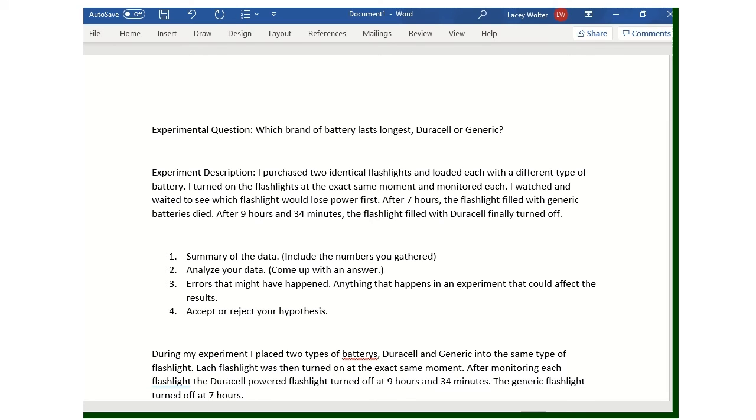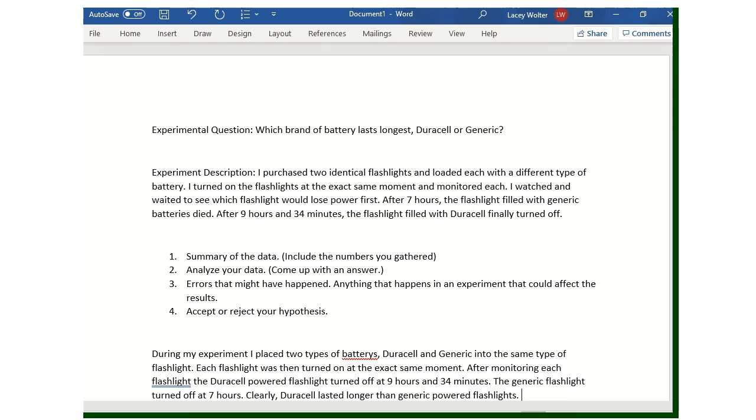Step number 2, analyze the data, actually come up with an answer to my question. Clearly, Duracell lasted longer than generic powered flashlights. Step number 3, and actually, in the flow of things in my brain, it makes sense to maybe do step number 4 first, since I kind of got out of order anyway. But accept or reject your hypothesis.